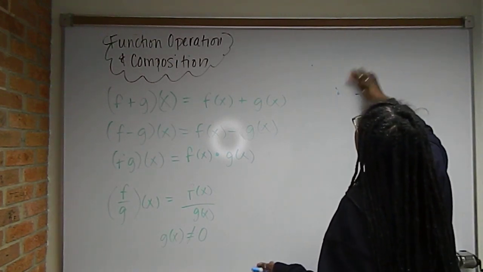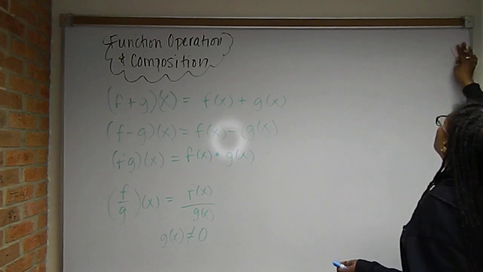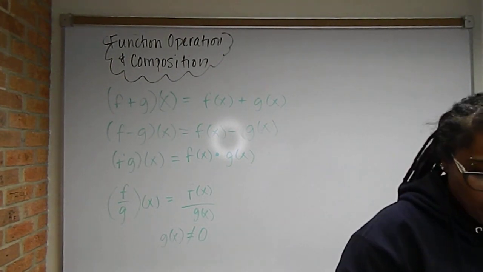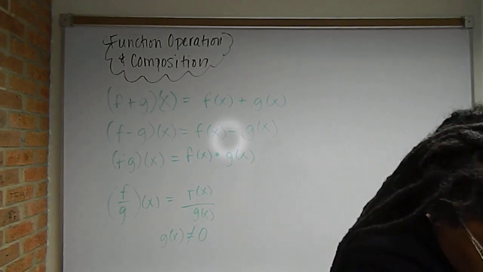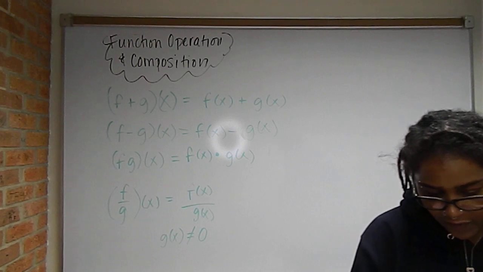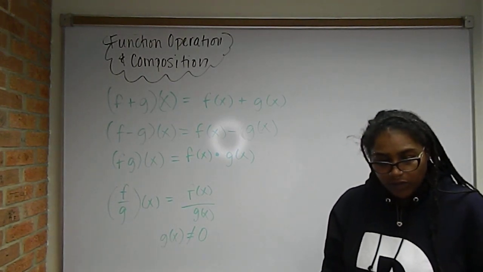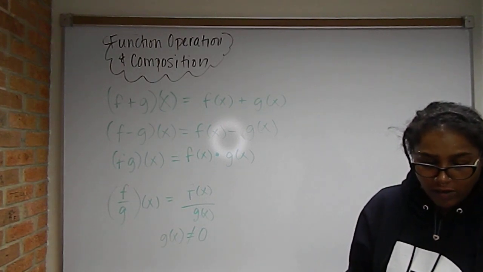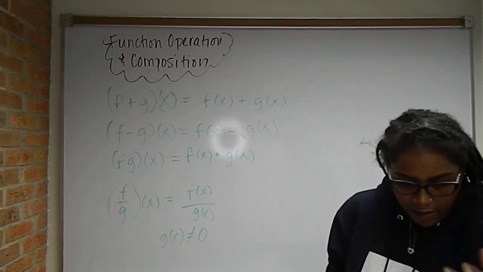Because you're given two functions usually. One's called f, one's called g. It doesn't matter if it's f and g, m and n, q and p, t and s, but one is being put inside the other, right? So when we talk about that, do rules change? No, I told you this. Rules don't change.